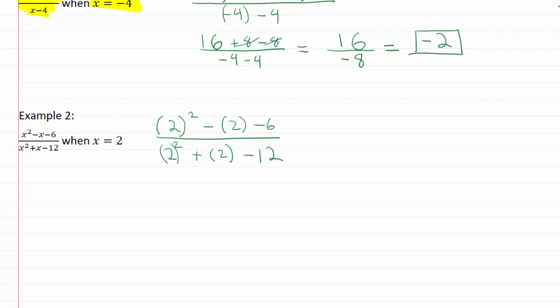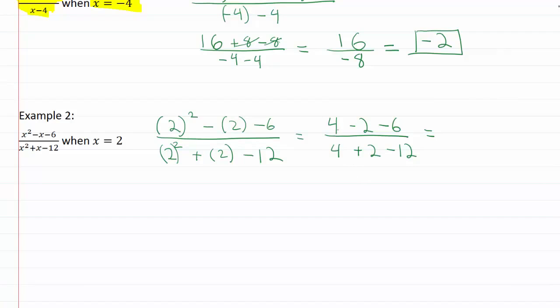Okay, so now we want to go ahead and simplify. 2 squared will give me 4 minus 2 minus 6, and then on the bottom 2 squared will again give me 4, and then I've got plus 2 minus 12.